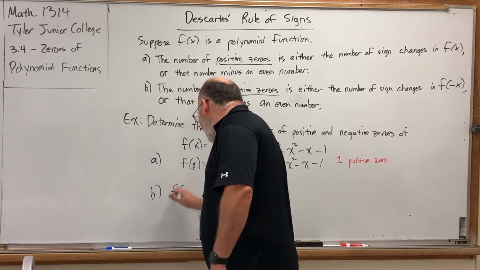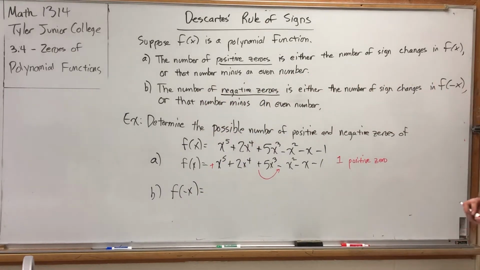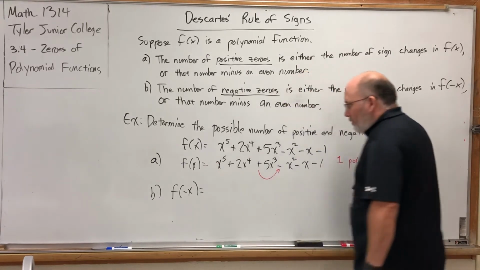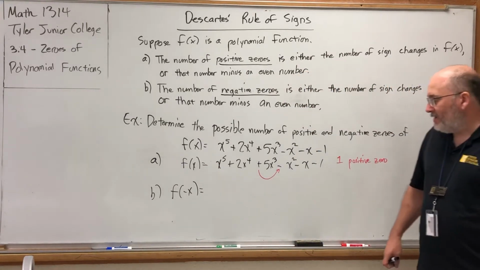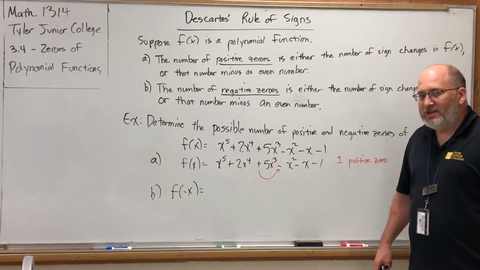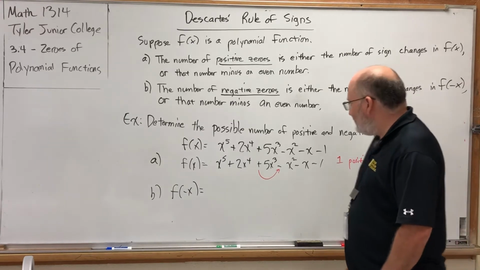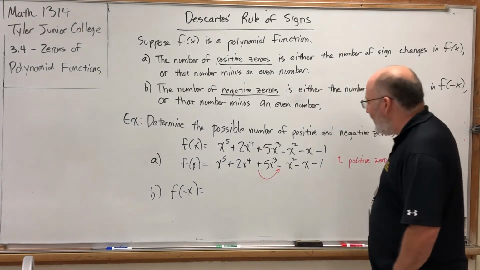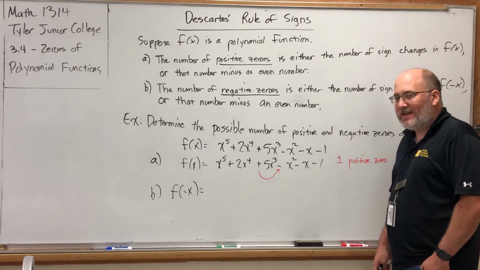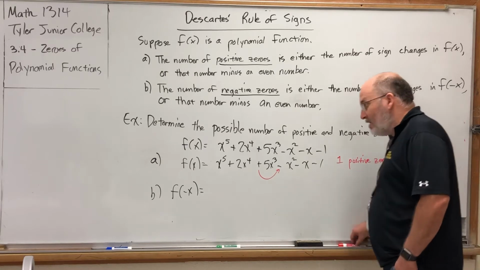Now, by contrast, for part B, we do the same thing except we put in negative x, which isn't nearly as bad as it seems. You just have to remember that when you raise a negative to an odd power, it stays negative. But when you raise a negative to an even power, it reverts to being positive. So what that means is when we substitute negative x, all the even power signs will stay the same, but the odd power signs will change.